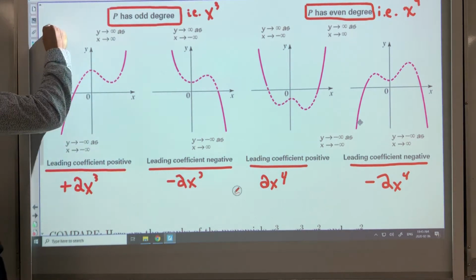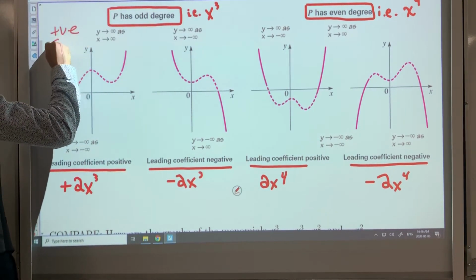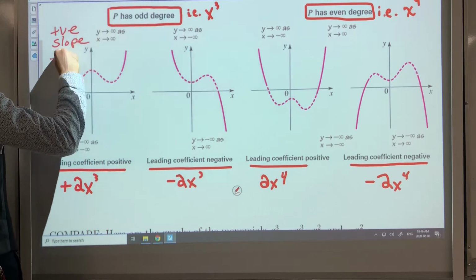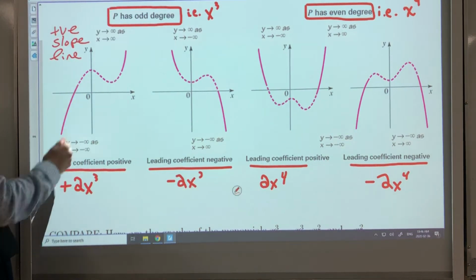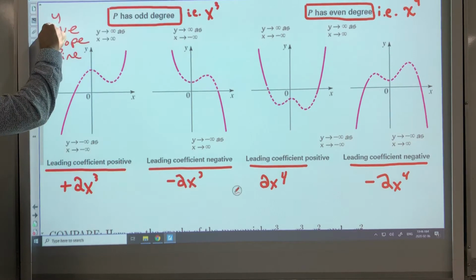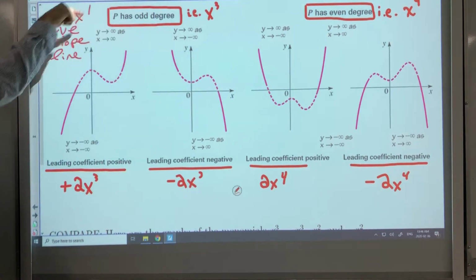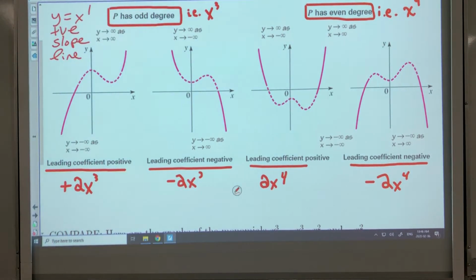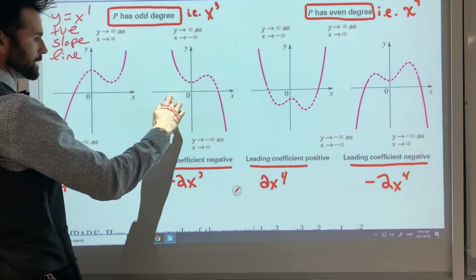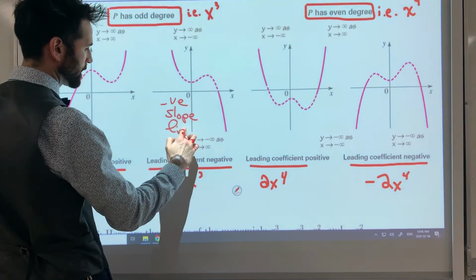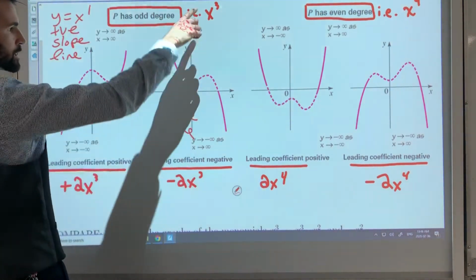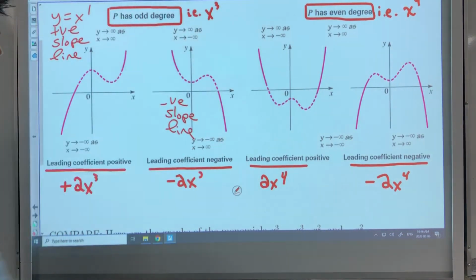Maybe you should write positive slope line, because if you relate it back to something you've already learned, you're way more likely to remember it. To this day, I still think of it like this: it's like a positively sloped line because lines are really just y equals x to the 1, so it's an odd degree, right? There's a connection. This one will be a negatively sloped line. So if you have a negative leading coefficient and an odd degree, your end behavior looks like that.